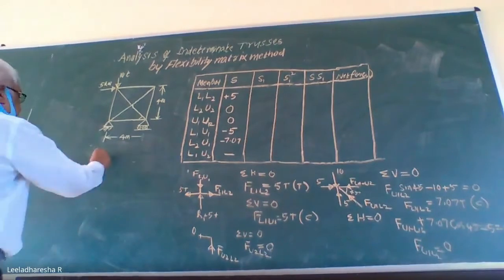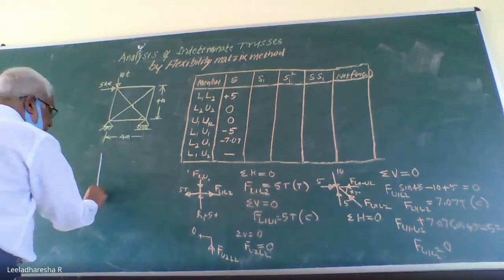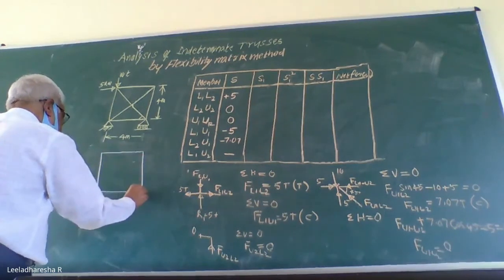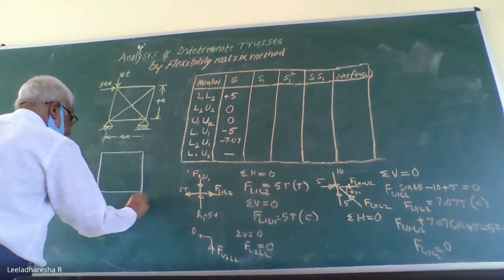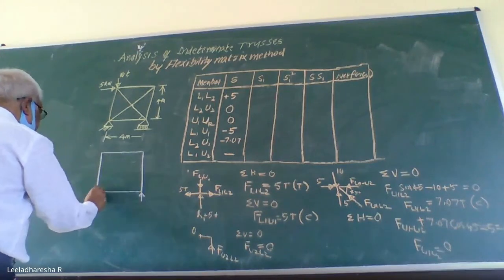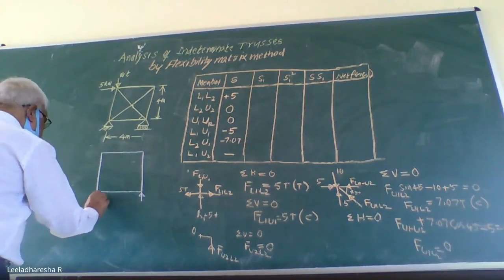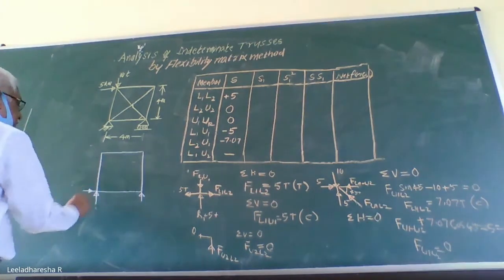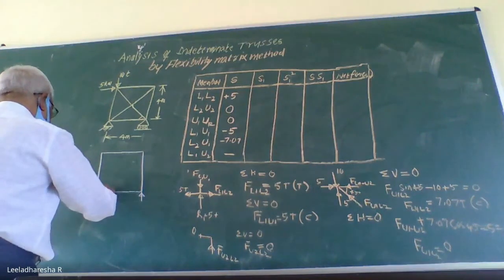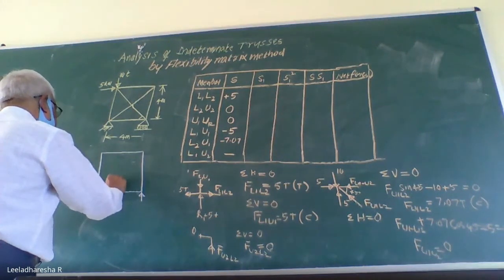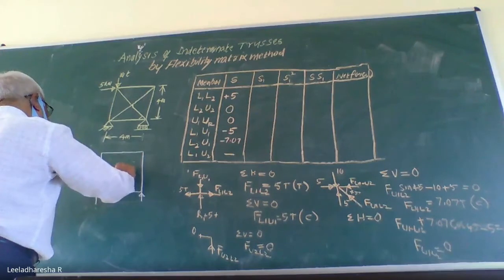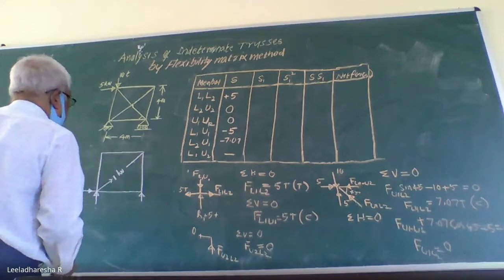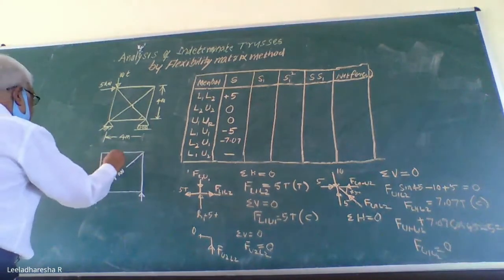Have a same type of figure because once again we need to analyze. So once again, there will be one reaction. At this support also there can be a reaction, and there can be a horizontal reaction also. Force in this member, I assume this to be 1 kilonewton.